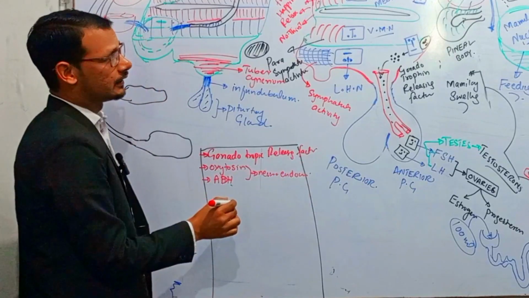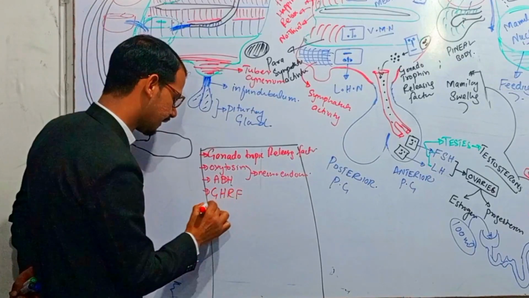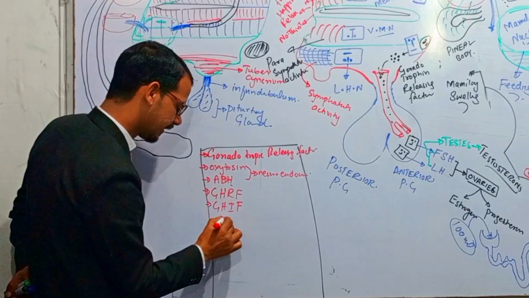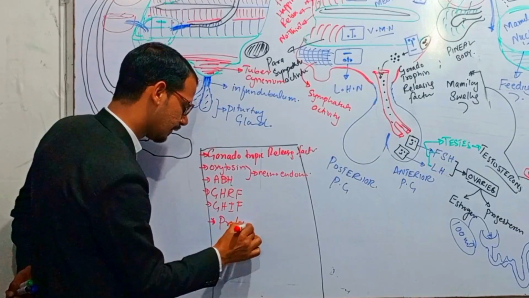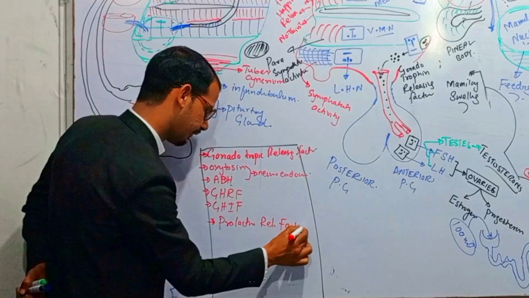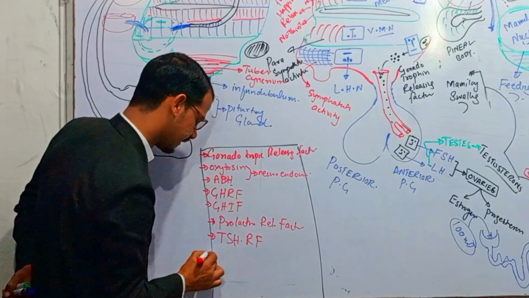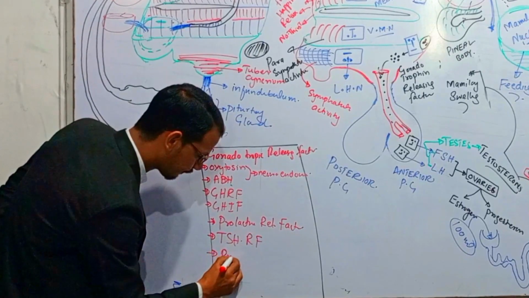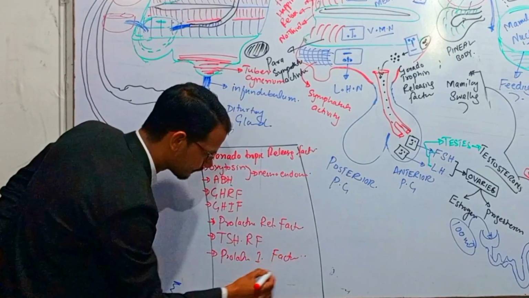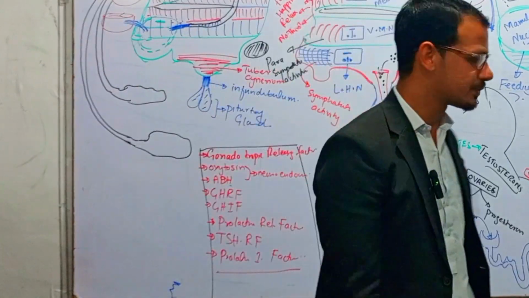And the next are growth hormone releasing factor, growth hormone inhibitory factor, prolactin releasing factor, thyroid stimulating hormone releasing factor, and prolactin inhibitory factor. These are the basic hormones.